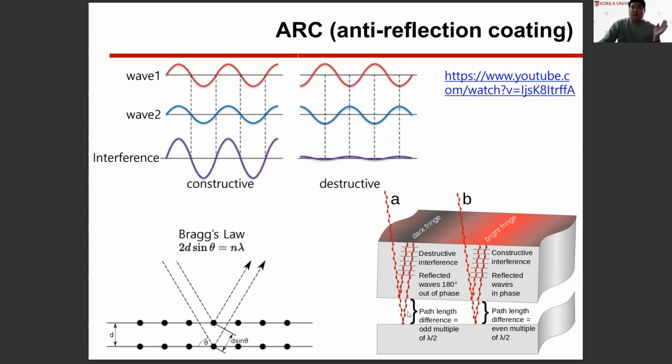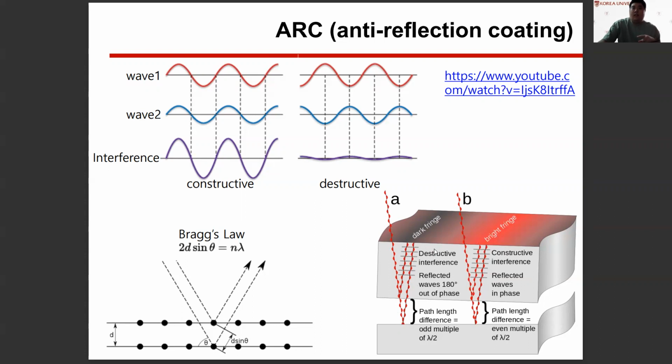If the original light and the reflected light are constructively interfered, the resist tends to be overdosed with light.